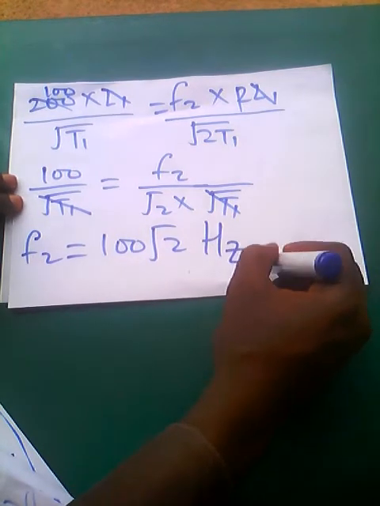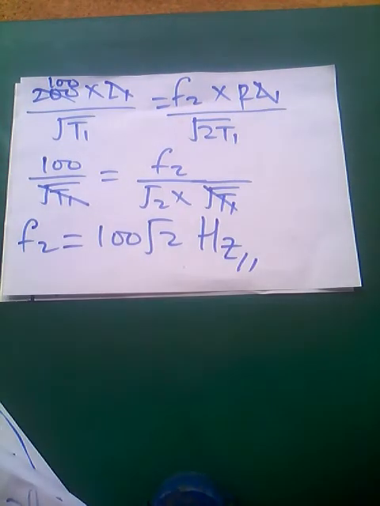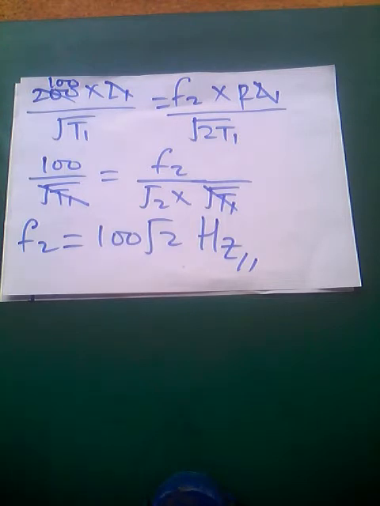You can see how we easily found the frequency. Just know that the frequency of a note, the length of the string, and the tension in the string are related, and you will always be able to solve the problem.